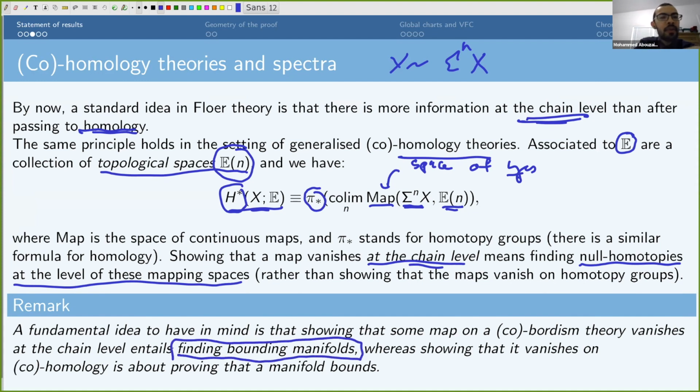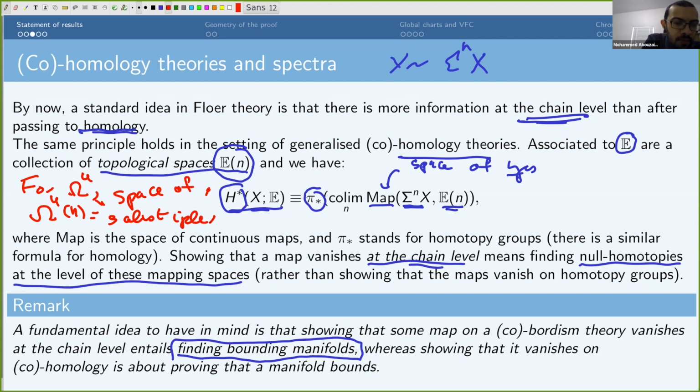Okay, and the reason that you have to look at bounding manifolds is that the space for complex cobordism, this space N, is basically the space of stably almost complex manifolds of dimension N. You have to formalize this notion.